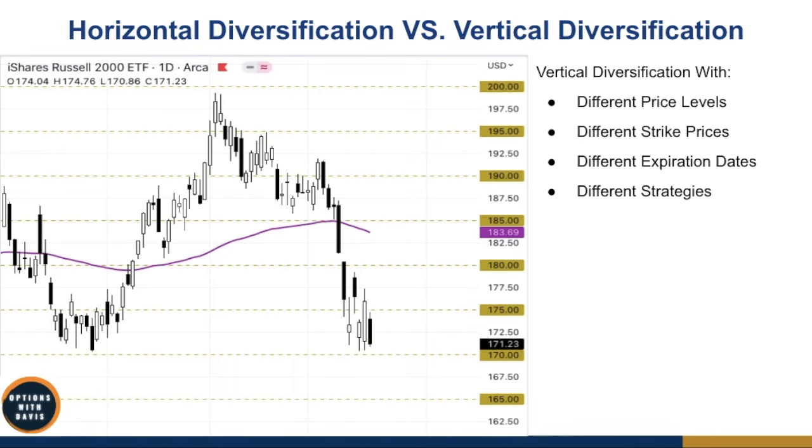So that is why vertical diversification is my preference compared to having many different stocks and entering pretty much the same position on all of them. In this case, with vertical diversification, you can diversify with different price levels, different strike prices, different expiration dates, and different strategies.